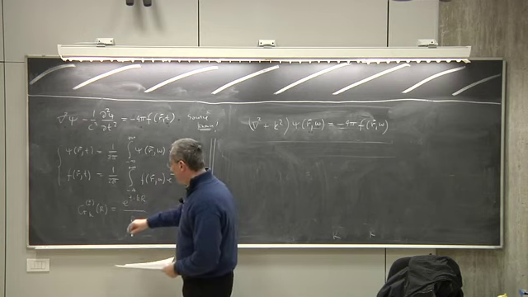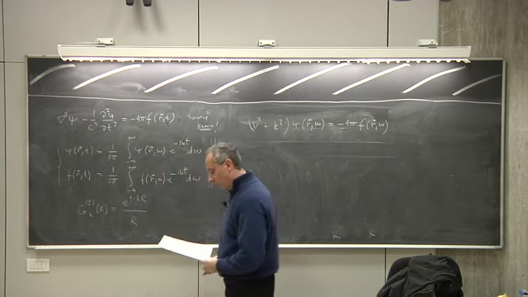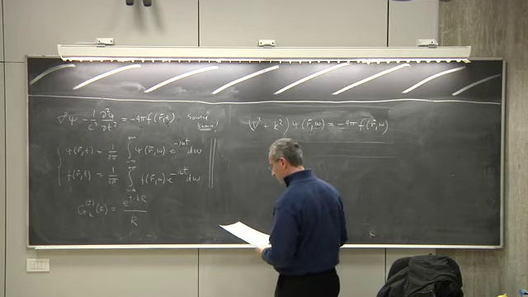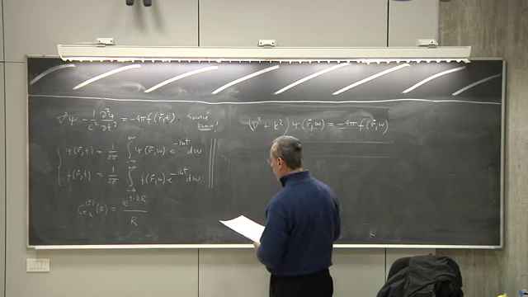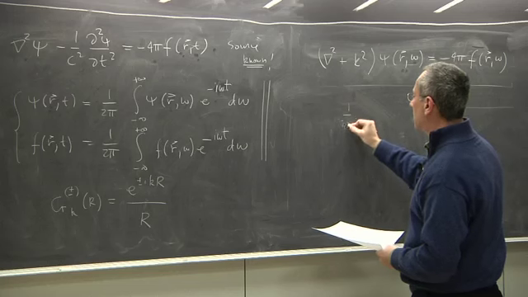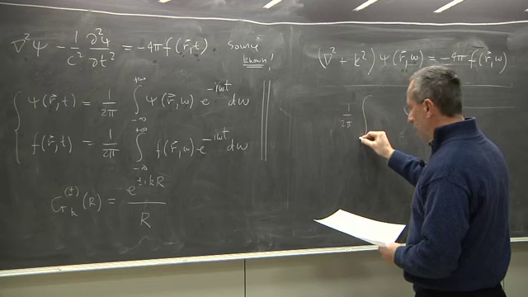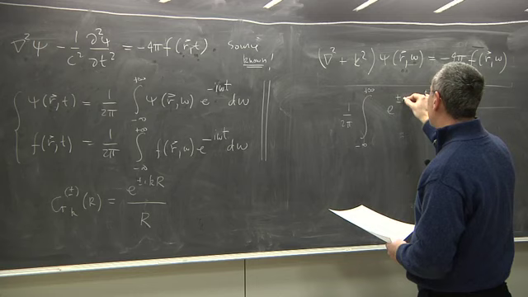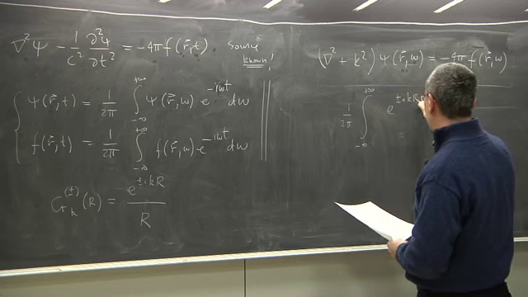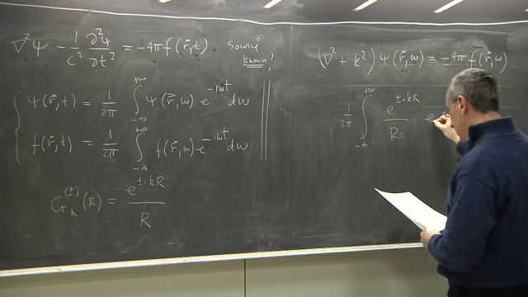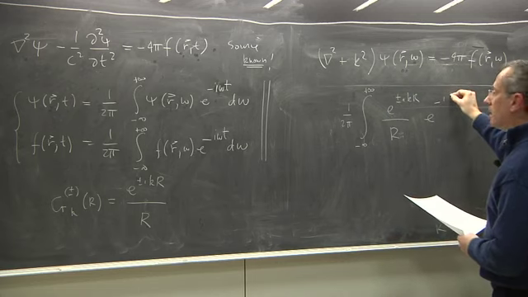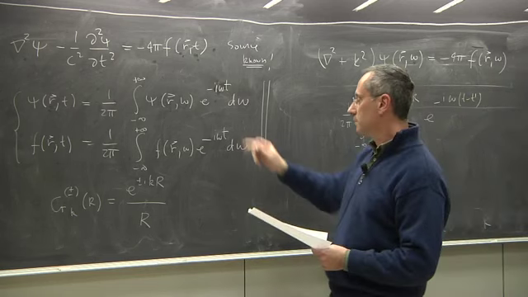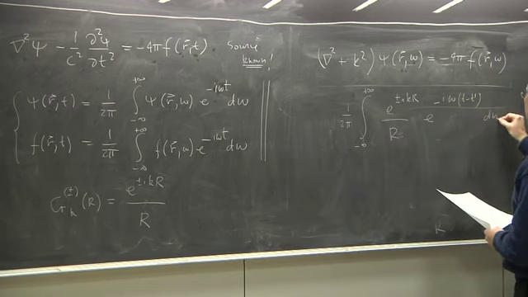I still have to Fourier transform, right? So now I put these solutions into the Fourier transform. It's 1 over 2 pi, the integral from minus infinity to plus infinity of e to the plus or minus i k R over R, e to the minus i omega t, but t minus t prime because it's the Green function, d omega.